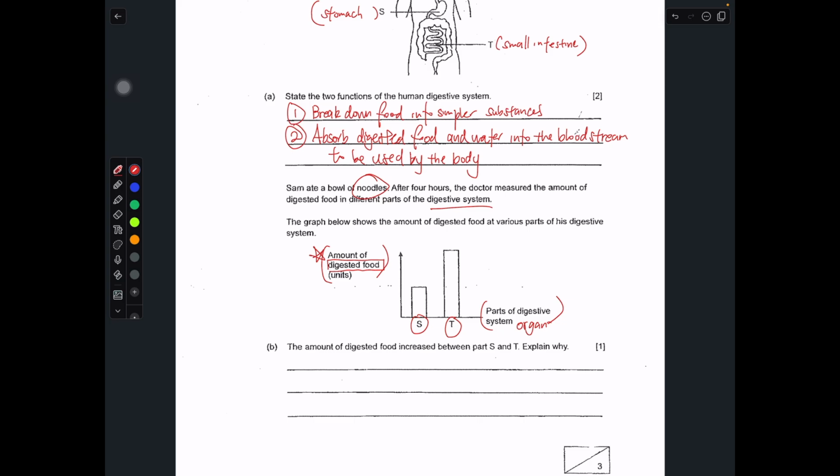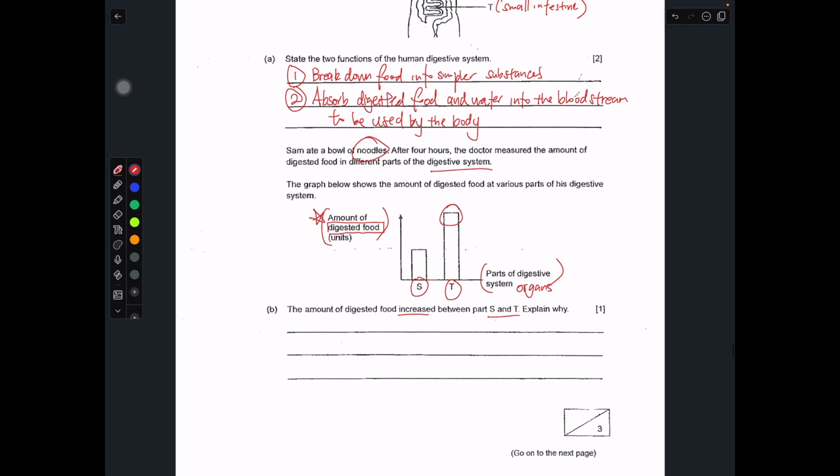Then they ask you the amount of digested food increases between part S and part T. Explain why. So over here, how come T will have more digested food? It's because T has more digestive juice.